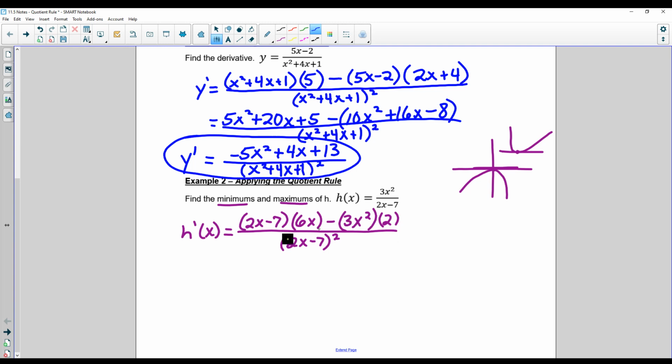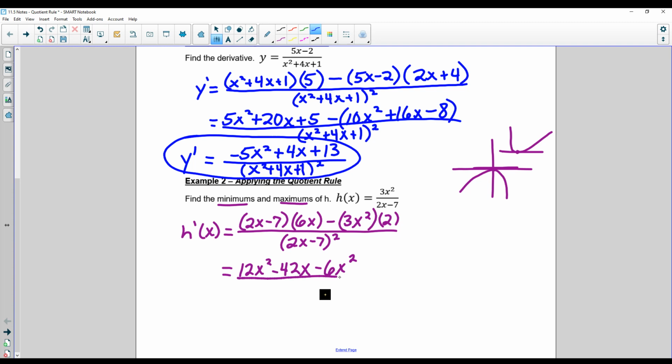All right, so I'm going to go ahead and simplify the top down before I try to set it equal to 0, because it'll make my life easier. So I'm going to take the 6x, distribute it, and I'm going to get a 12x squared and a minus 42x, and I'm going to get a minus 6x squared out of multiplying these two together.